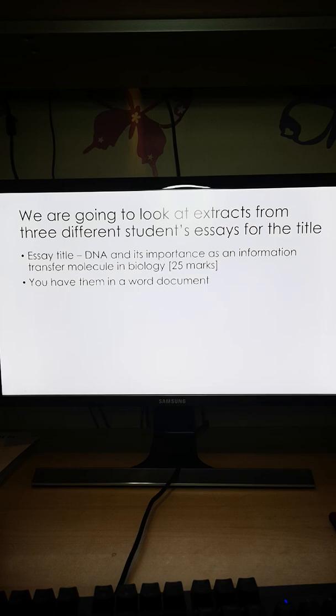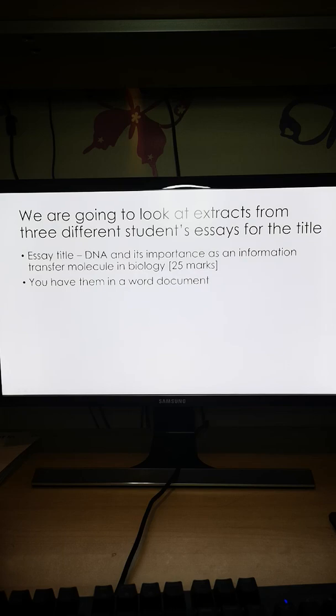They might have picked DNA from a virus infecting a cell, transferring the DNA for how to make a virus to the cell, and to discuss the importance in that process. They might have talked about DNA, as you would, hopefully, by the time you get into year 2, in genetic engineering, so cutting a gene out of one organism and putting it into another and giving that organism a new feature.